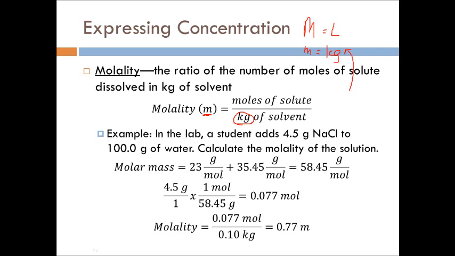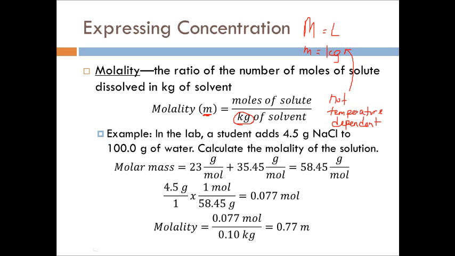The big difference is that kilograms are not temperature dependent. Kilograms will not change based on temperature. So we use this often when we talk about colligative properties, which we'll get to in a minute, which deals with the change in temperature and how much stuff you have.